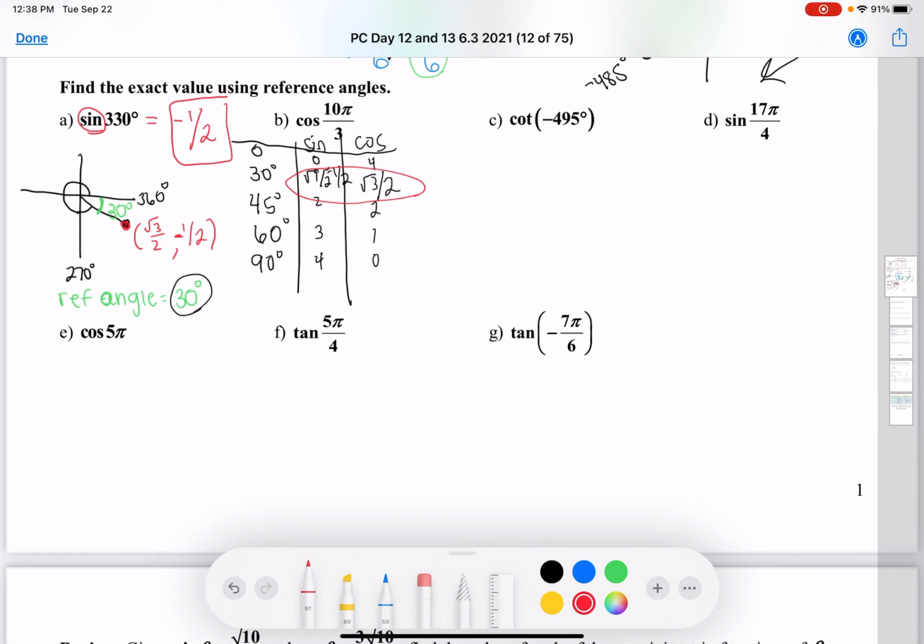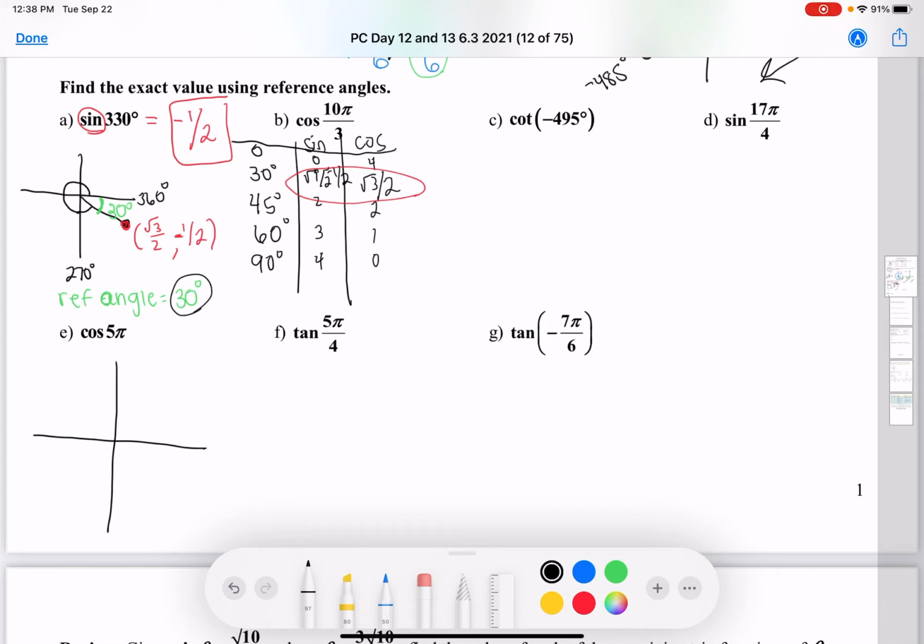All right, let's go ahead and do, I'm not going to do every single example. Let's go ahead and do maybe part E first. I'm going to kind of jump around. Okay, so part E is cosine of 5 pi. So if I draw my picture, okay, well, I know a full rotation is 2 pi, okay?